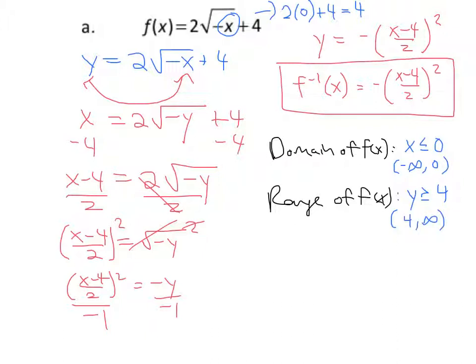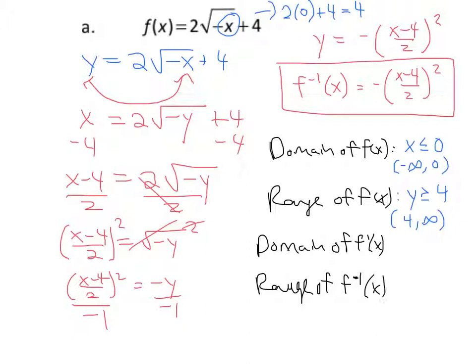Now, the domain and range of the inverse function always just switch places. So for the domain of f inverse of x and the range of f inverse of x, we take the domain and range of f of x and we switch them around.